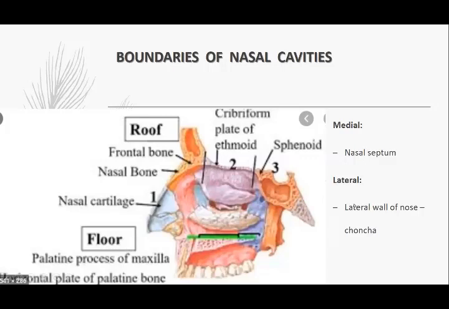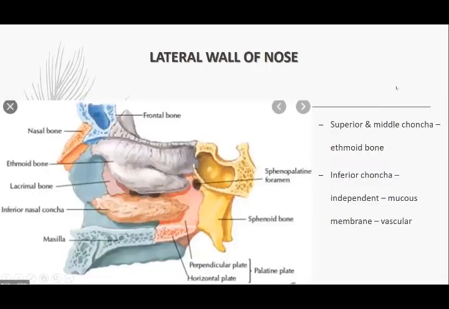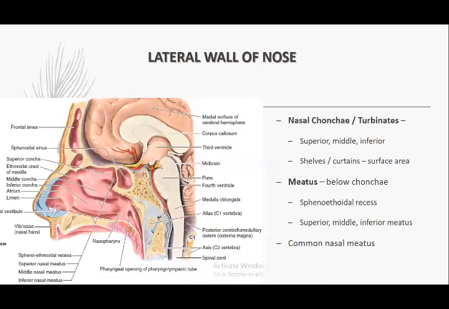Now we do the lateral wall of the nose. From the examination point of view, the lateral wall of the nose is extremely important. We discussed it a little, and I told you that in the lateral wall of the nose you have these shelf-like projections.